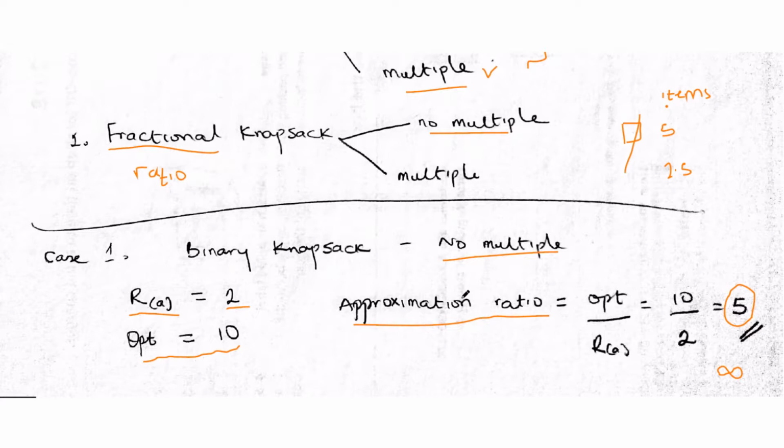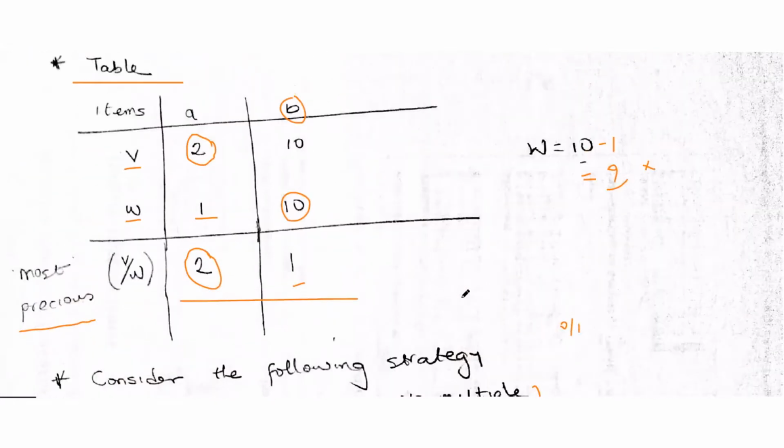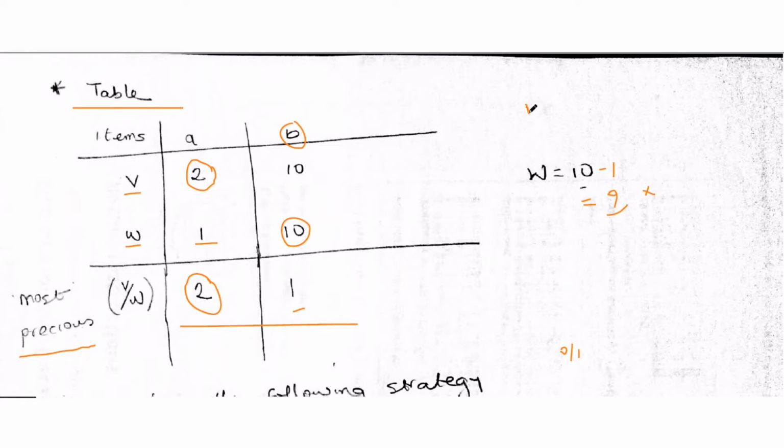For instance, if we decide that the capacity is equal to n, and we make the value of item B to be n, and the weight also to be n, this is still going to give us the most precious ratio as 1, because n divided by n is 1, and we're still going to be taking the first item, item A, in this strategy, which will give us 2, which means that we'll be left with n minus 1.